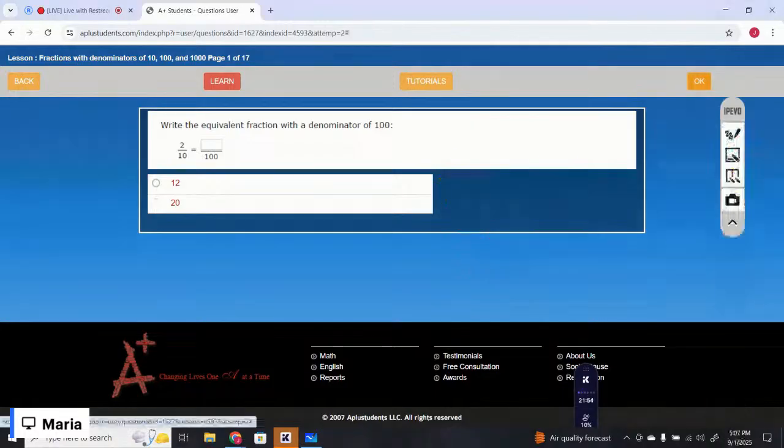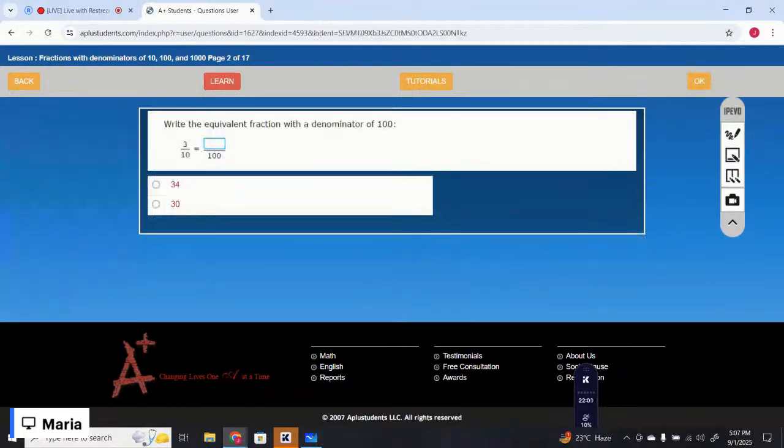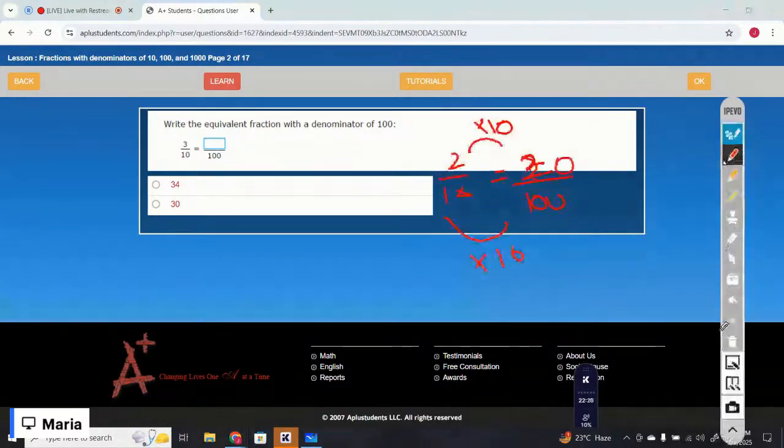Option number 2 is the correct option. 20 it is. Write the equivalent fraction with a denominator of 100. 10 times 10 is 100 and 3 times 10 is 30.